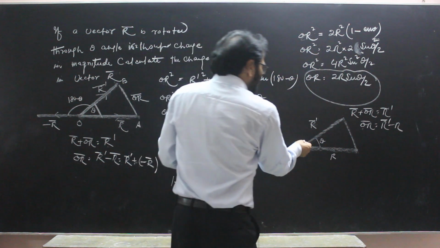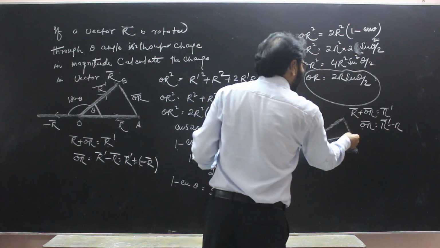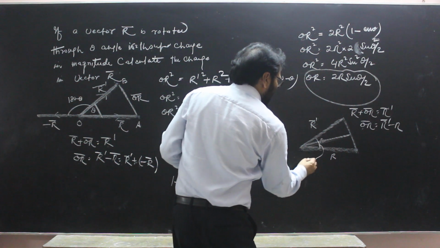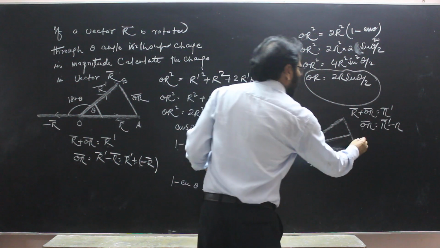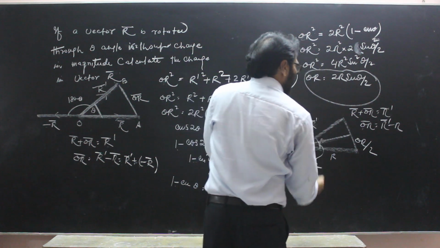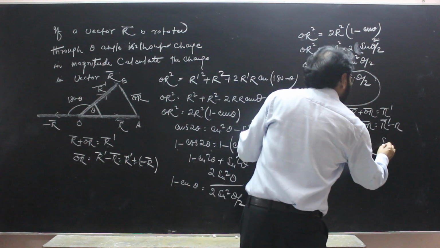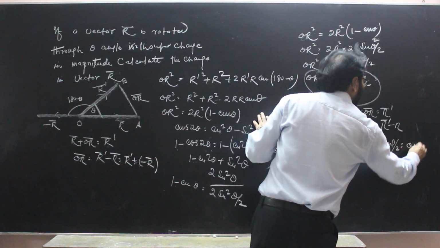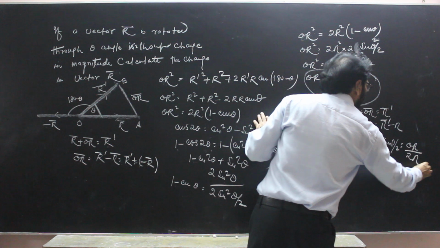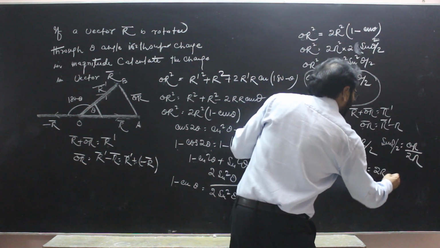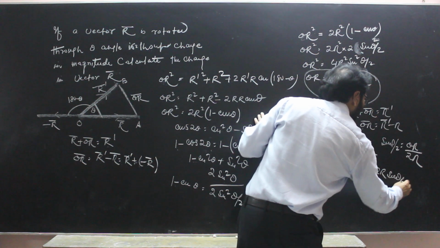We will draw a perpendicular bisector. This angle is theta by 2, and this is your delta r by 2. So sin theta by 2 is equal to delta r by 2 by r, and that is why delta r is 2r sin theta by 2.